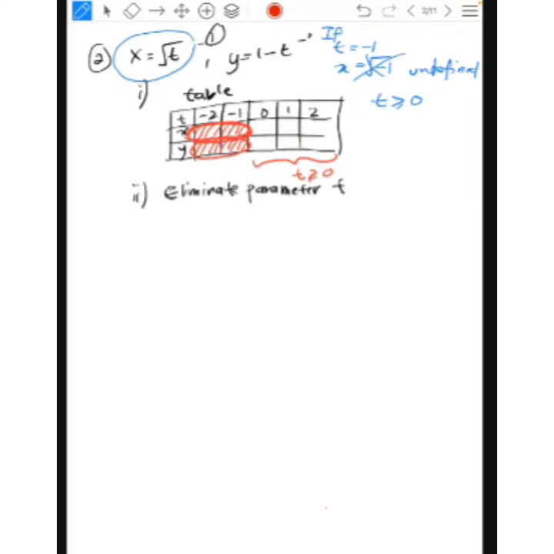This is 1, this is 2. So from 2, I will have x equals 1 minus y squared.